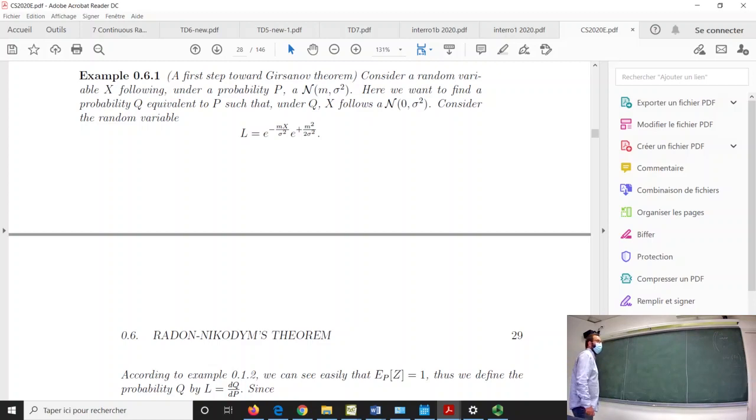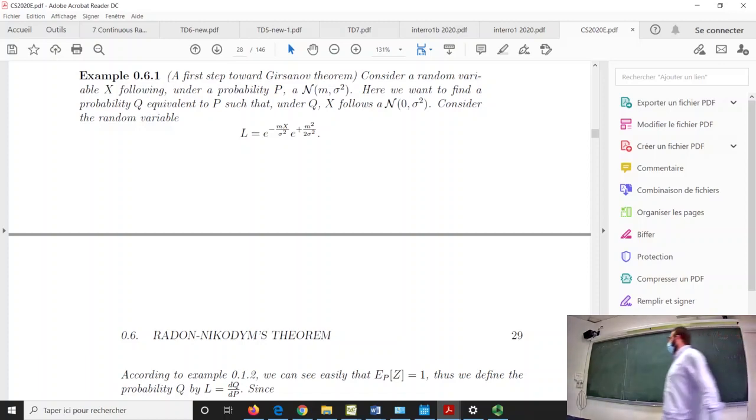Okay, so what is this? I start from X that follows the N(m, sigma square) under P. And I want to find a probability Q equivalent to P such that X follows, under this new probability, N(0, sigma square). And you have in the statement everything here.